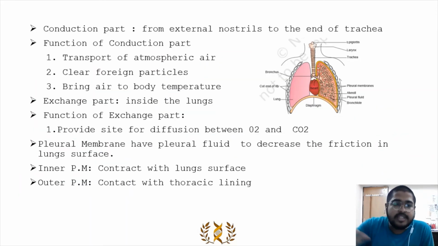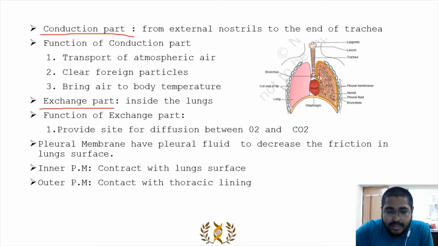So now we'll be discussing the conduction part and the exchange part. People usually get confused in this also, and since people get confused in this, the examiner tends to put it in the exam. So where is the conduction part and where is the exchange part?